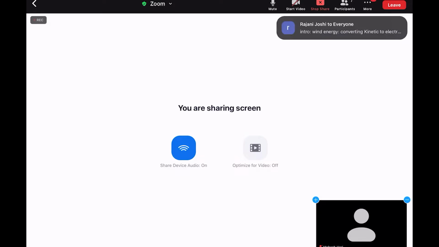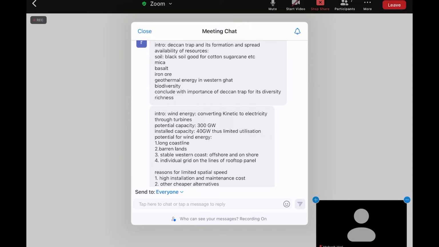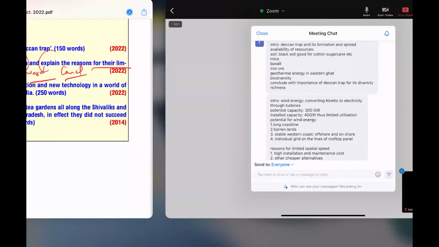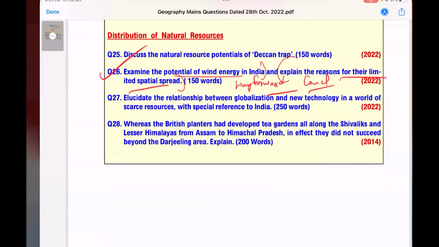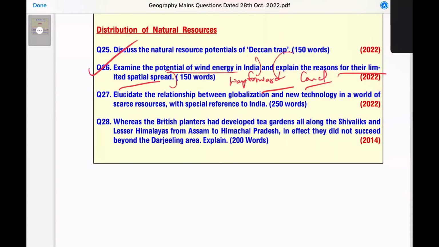The question is on wind energy. Good points, Rajni. So the question is examine the potential of wind energy in India. The first is the potential of wind energy, and then explain the reasons for the limited spatial spread.